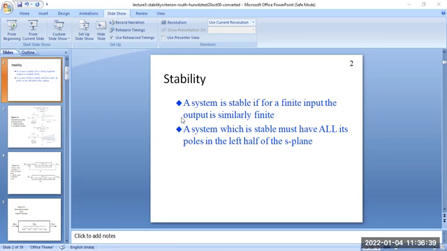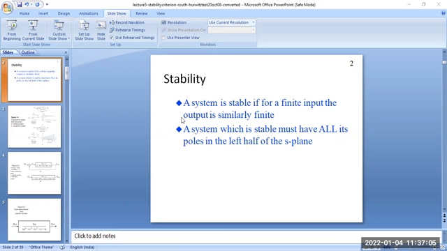Then the system stability is very good. When poles or roots are present in the right half plane or on the imaginary axis, the system is not stable.